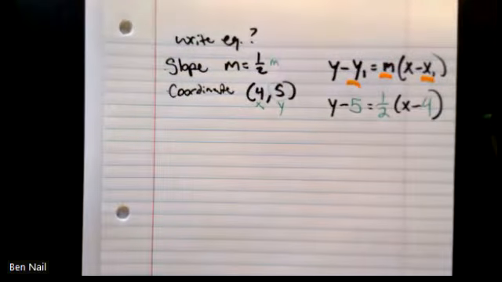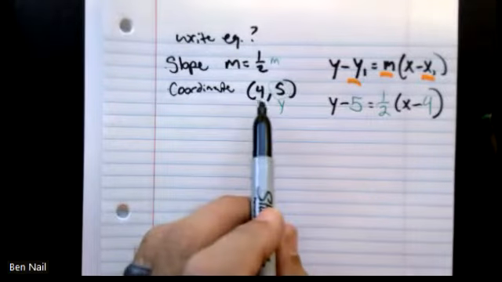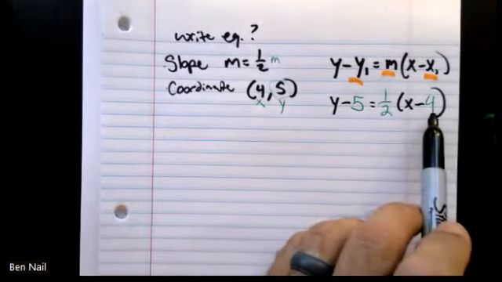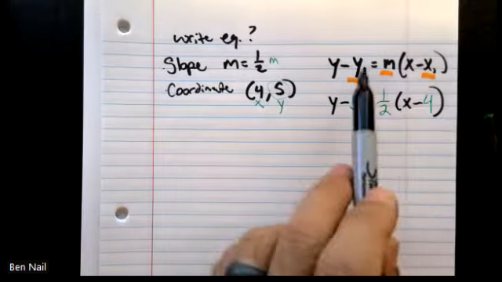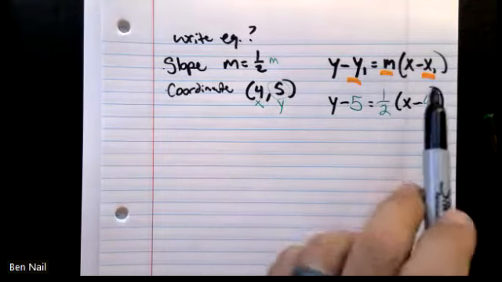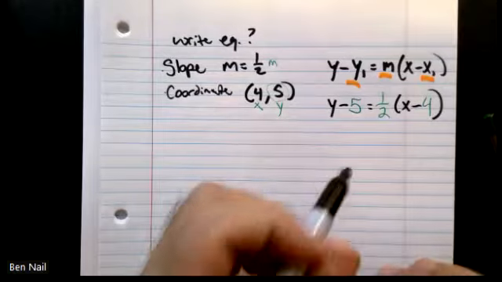So again, I'm sorry, it keeps kicking out blurry and focused, but this is what we're plugging in. Our y coordinate goes in for that y1. Our x coordinate goes in for that x1. And our slope goes in for m. So again, we're going to use that point slope formula. We plug our 3 pieces of information in, and then we're going to solve for y.